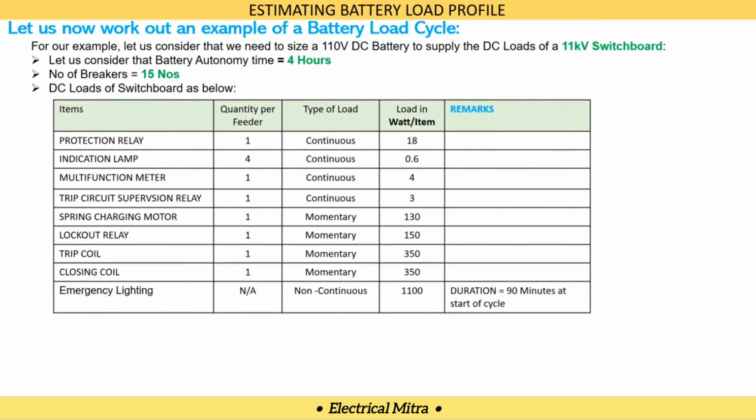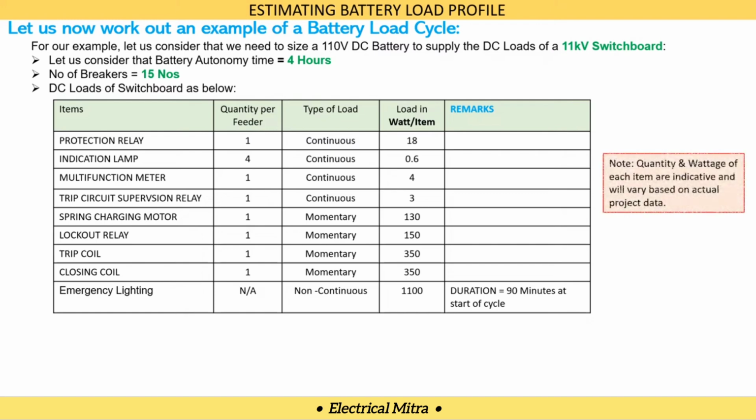Protection relay, 1 number. This is a continuous load and the load is 18 watt. Similarly, there are other loads as indication lamps, multifunction meter, trip circuit supervision relay, spring charging motor, lockout relay, trip coil, closing coil, emergency lighting of the switchgear room where the 11 kV switchboard is located.